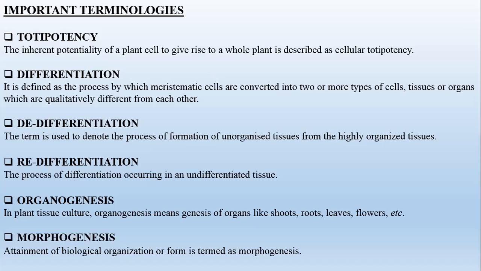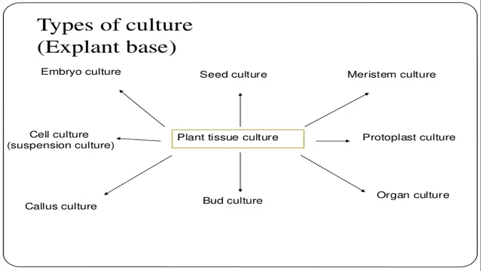Morphogenesis, attainment of biological organization or form, is termed morphogenesis. Basically, in callus culture we have unorganized tissues, from which we look for regeneration into full plantlets, and this whole process is morphogenesis, in which different organizations or organs are formed.